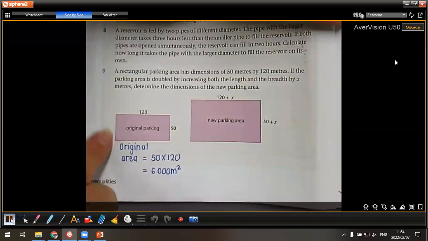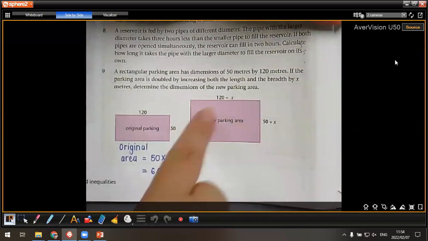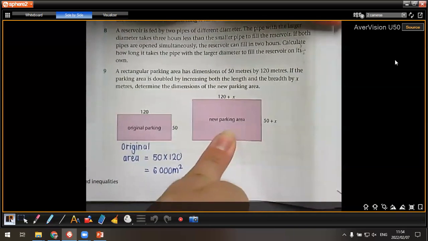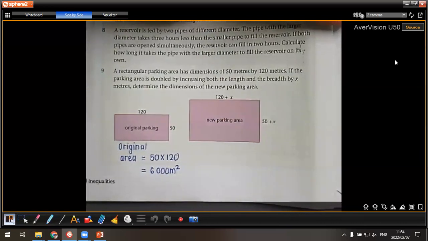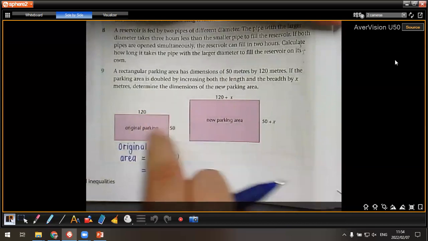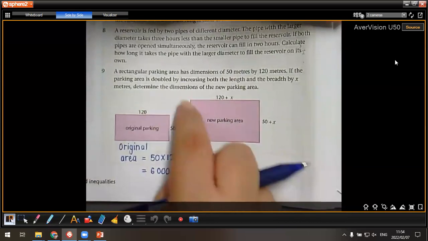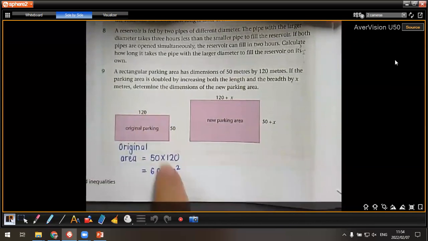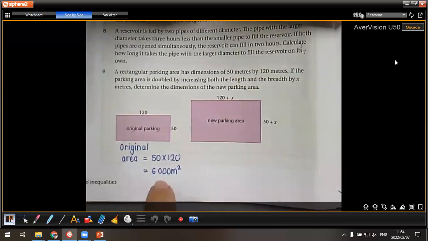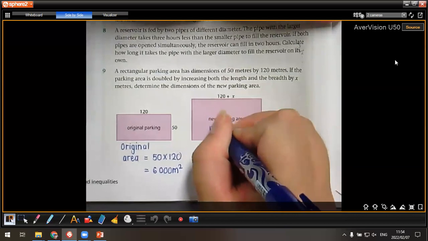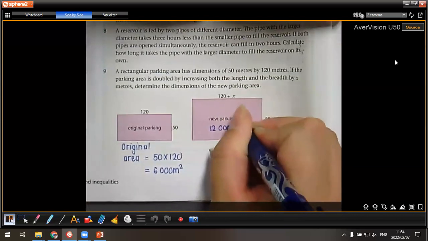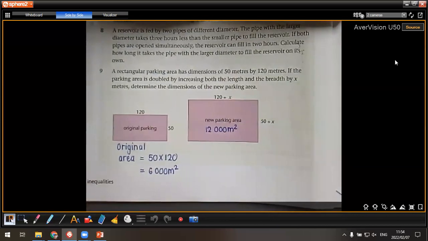Now they're saying the parking area is doubled, so what is the new parking area going to be? 12,000. Does that make sense? You can use the values they've given you, just by knowing that the area of a rectangle is length times breadth. So the original area is 6,000 and the new area is going to be 12,000 meters squared.